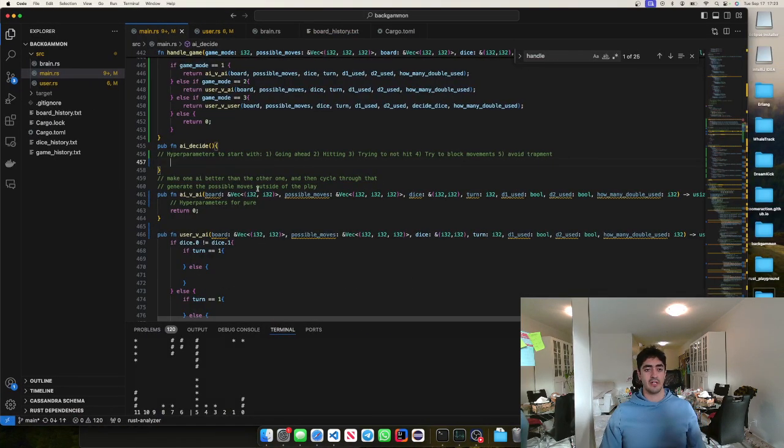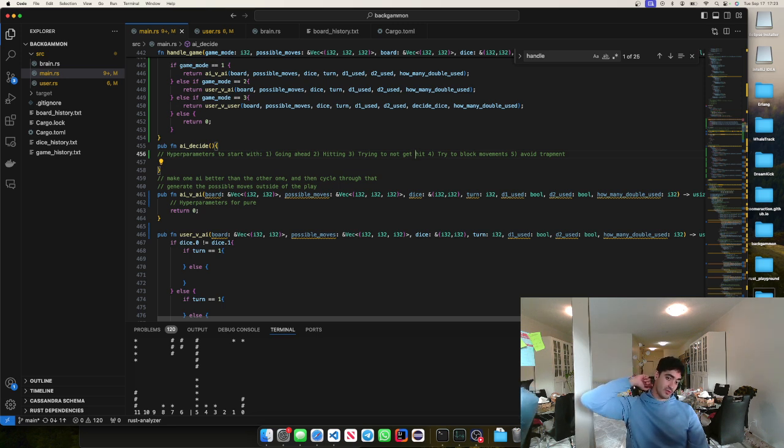So I was thinking of just starting with some hyperparameters, like getting ahead, hitting, trying not to get hit, trying to block movements, avoid trapment. What else?